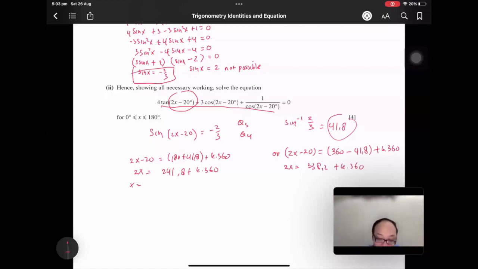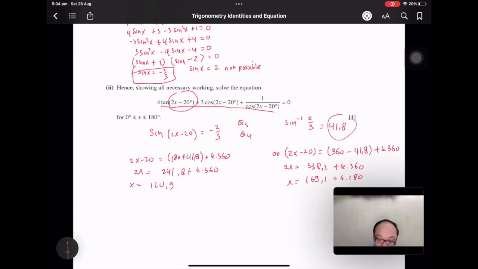So x is, I divide by 2, 169.1, or this one, 120.9.